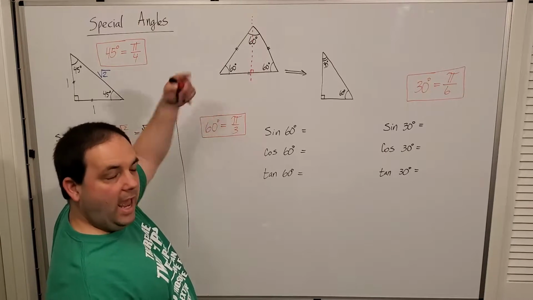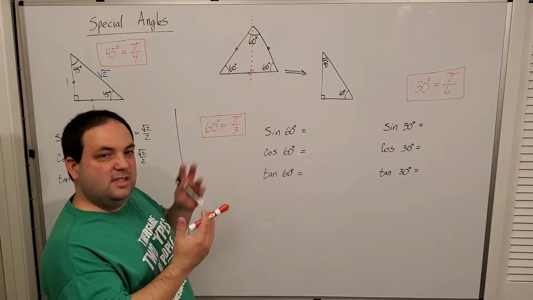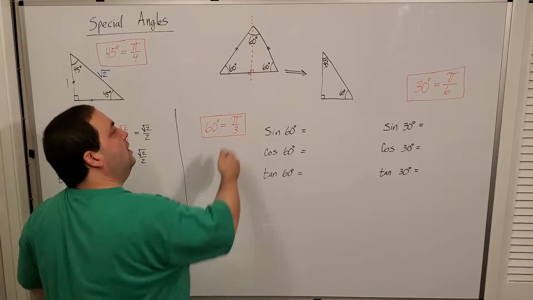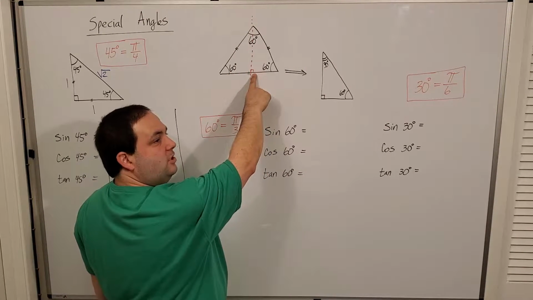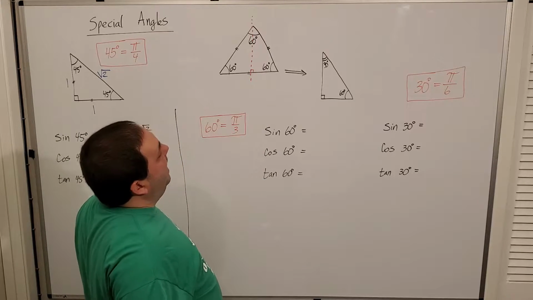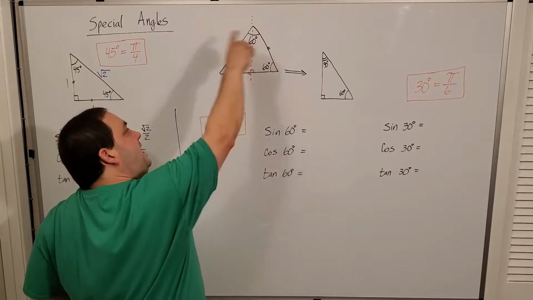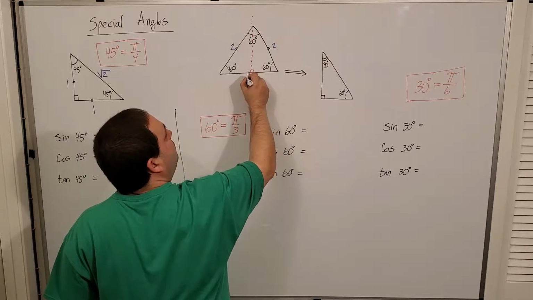The altitude happens to also be a bisector because of the symmetry of the equilateral triangle. So if this is a bisector, it's also an altitude, which means it causes a right angle. Since I'm cutting this thing in half, I'm going to choose the equilateral triangle to have sides of length 2.